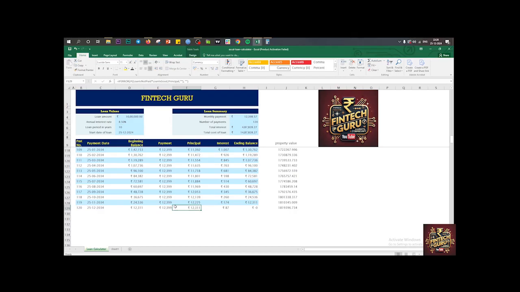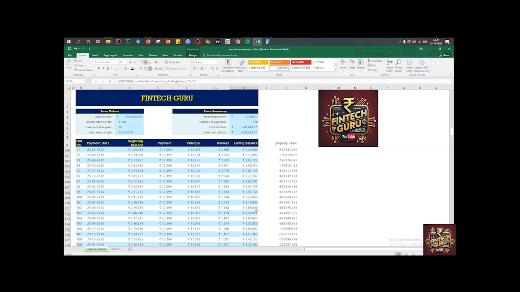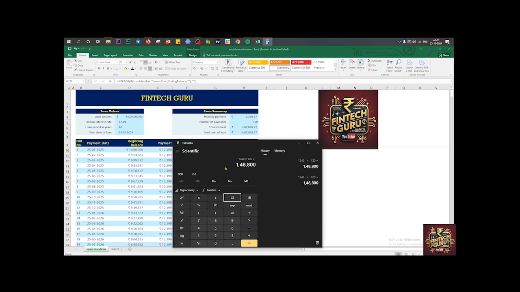Anyhow, let's consider throughout the period it is 8.5% only. So the principal portion will be adjusted more, and your interest portion will be just 87 rupees only, and your ending balance will be adjusted to 0, right? So this is a general calculation, nothing specific. I just want to tell you.